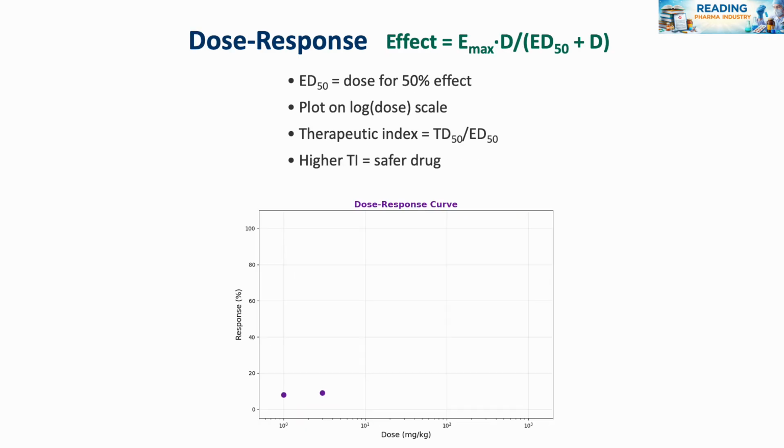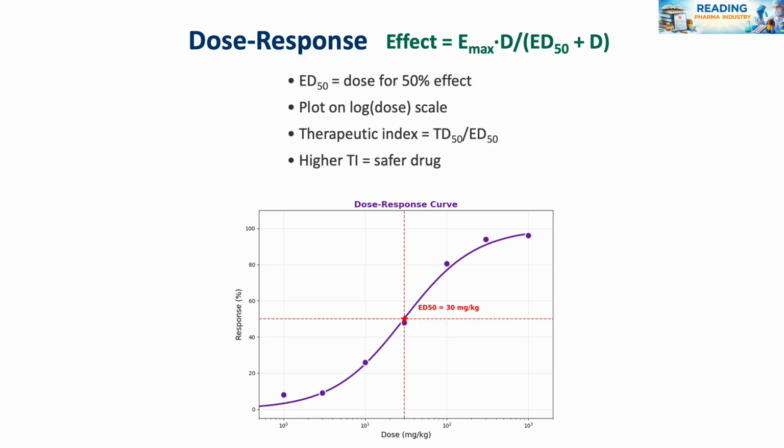In pharmacology applications, dose response curves follow a similar equation: effect equals E max times D divided by the quantity ED50 plus D. The ED50 is the dose producing 50% of the maximum effect.